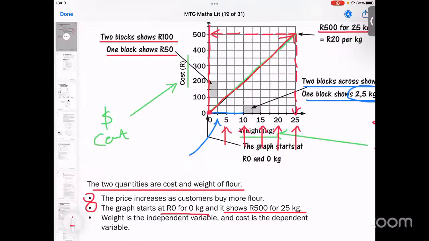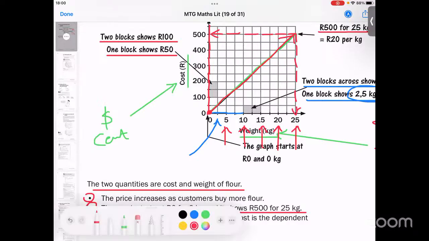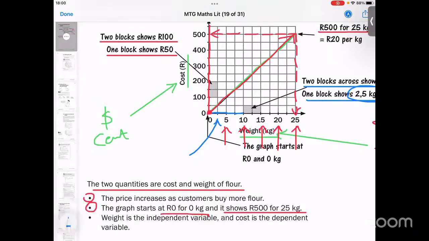Then it keeps on increasing, whereby 100 rand will therefore get you 5 kilograms. So a question would be, 300 rand will give you how much flour? And then it will just say, okay, 300 rands will give me 15 kilograms of flour, something of that nature.